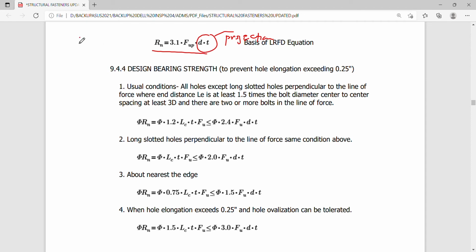So if we have here the bolt diameter D, we simply make a projection of the diameter and the thickness to get the bearing area. So this is now your bearing area.